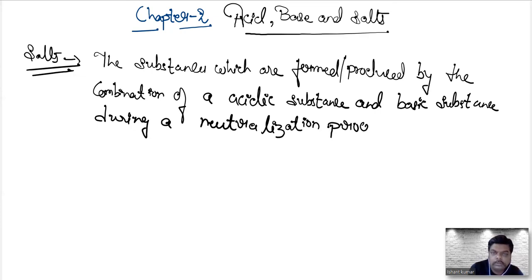So the substances which are formed by the combination of an acidic substance and a basic substance, and the process during which they combine with each other to form salt, that is known as the neutralization process, are called salts.